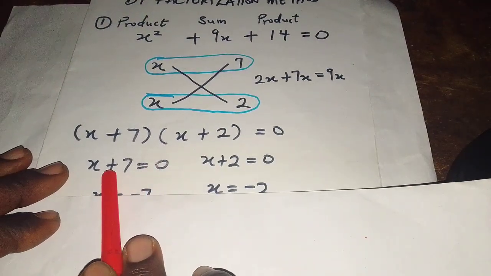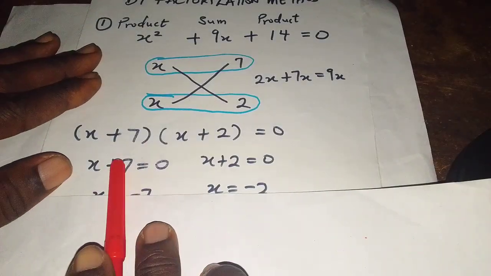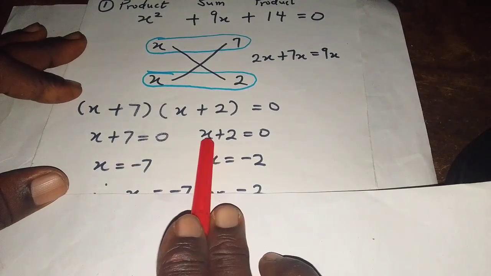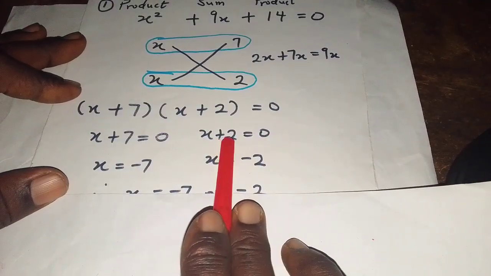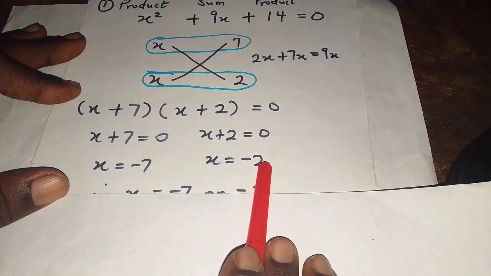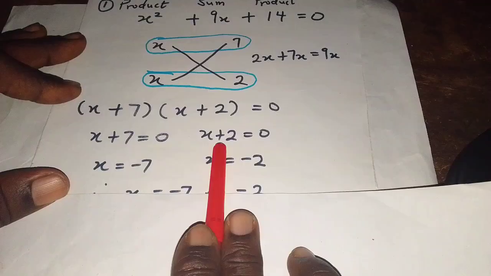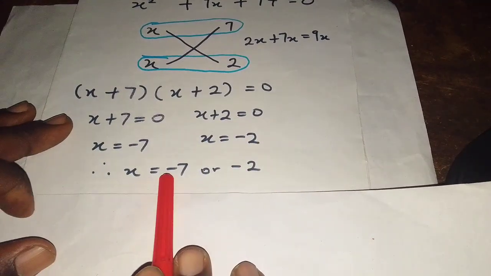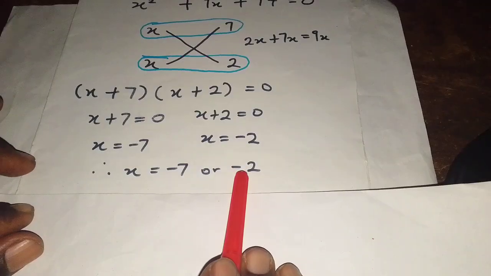So you now bring this plus 7 to this side. When plus crosses the equality sign, it now turns to minus 7. Then x plus 2 is equal to 0. Bring this plus 2 to the other side. Again, whenever plus crosses the equality sign, it turns to minus 2. So the value for your x will be what? Minus 7 or minus 2.